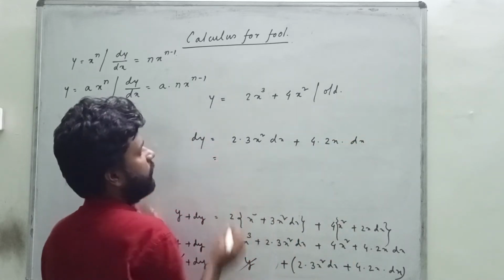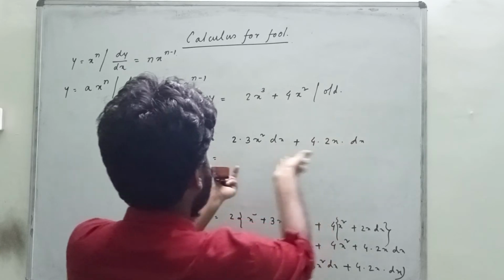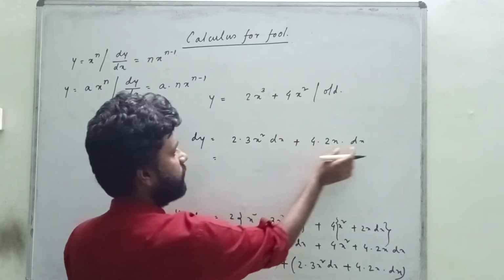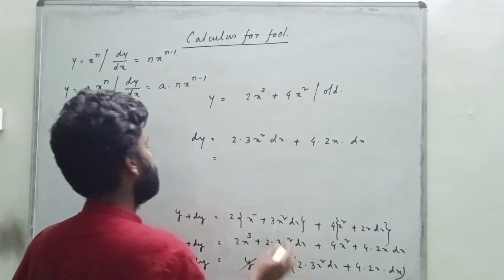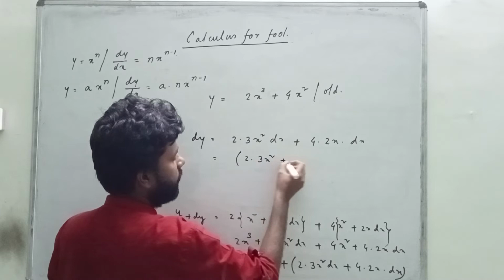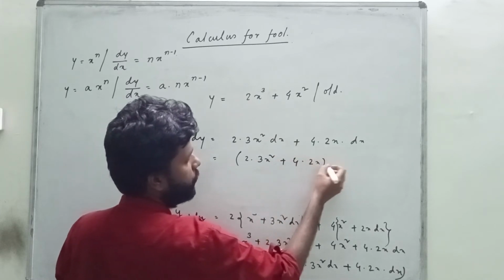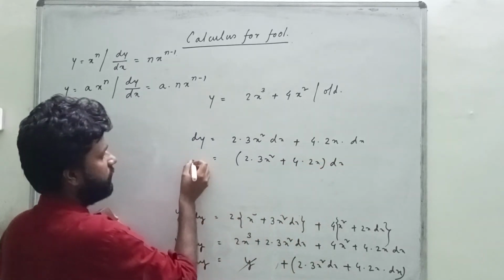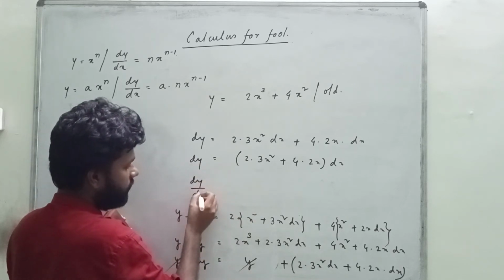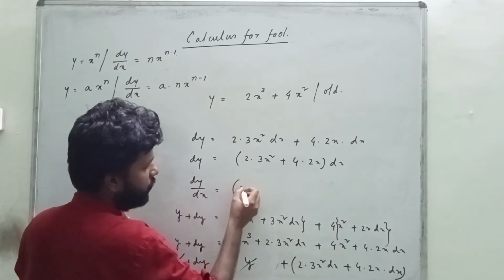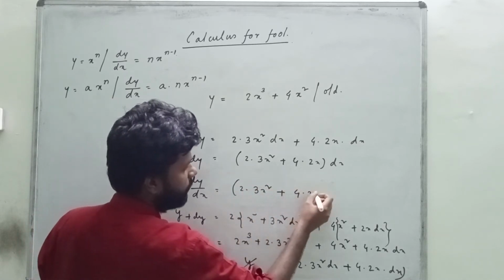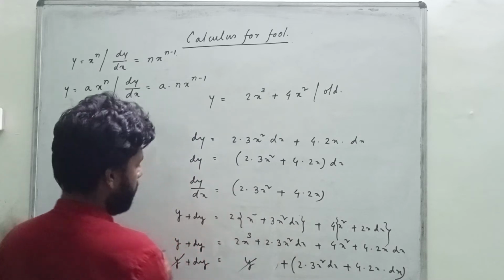And all of you know, if you take the common term from the two terms here, there is a common term dx, right? So if you take dx common, 2 into 3x squared plus 4 into 2x, times dx, that is dy. So dy over dx is just 2 into 3x squared plus 4 into 2x, right?